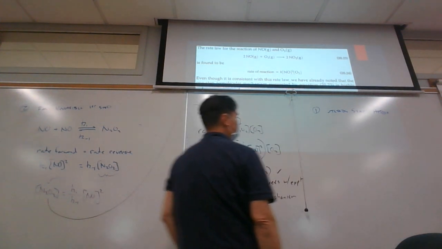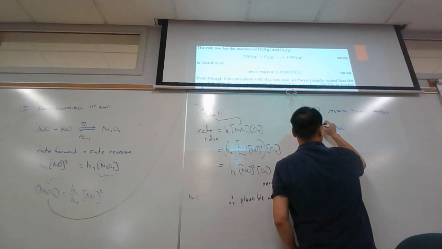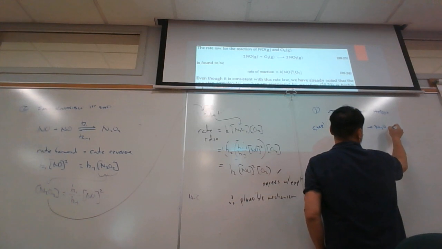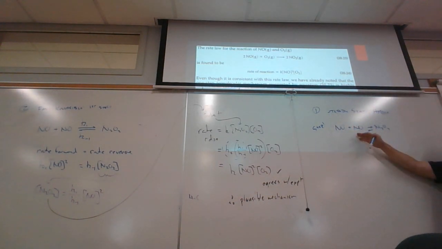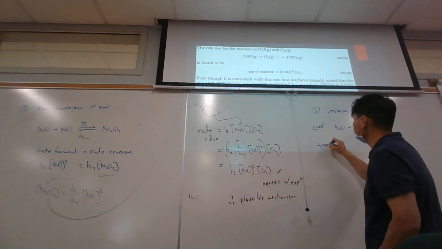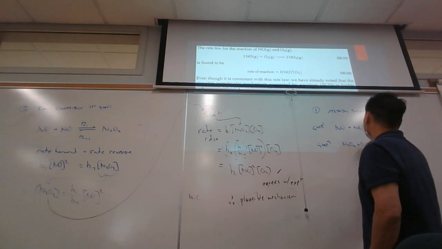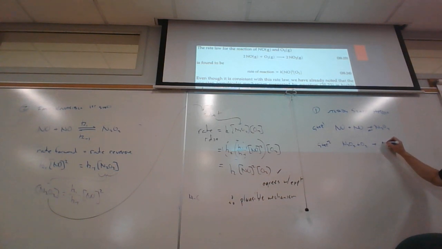So when we look at the 2 steps here, if we look at step 1, NO plus NO yields N2O2. In the fast reversible, we say any N2O2 produced goes back to NOs, and any NOs go back to N2O2. So we have this equilibrium happening here, but step 2 could upset that equilibrium by Le Chatelier. And that is N2O2 can be leaked out here to form 2 NO2s.